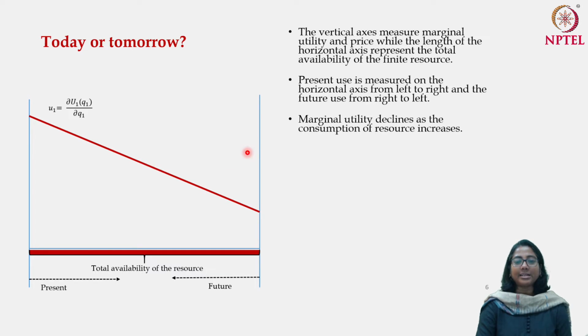And on the right hand side, I am plotting the marginal utility that I am deriving from tomorrow's consumption. So this is how the marginal utility curves look, and both of them are falling. This line is falling as the present consumption is increasing. On the other hand, the small u2 line is also falling as your future consumption is increasing.